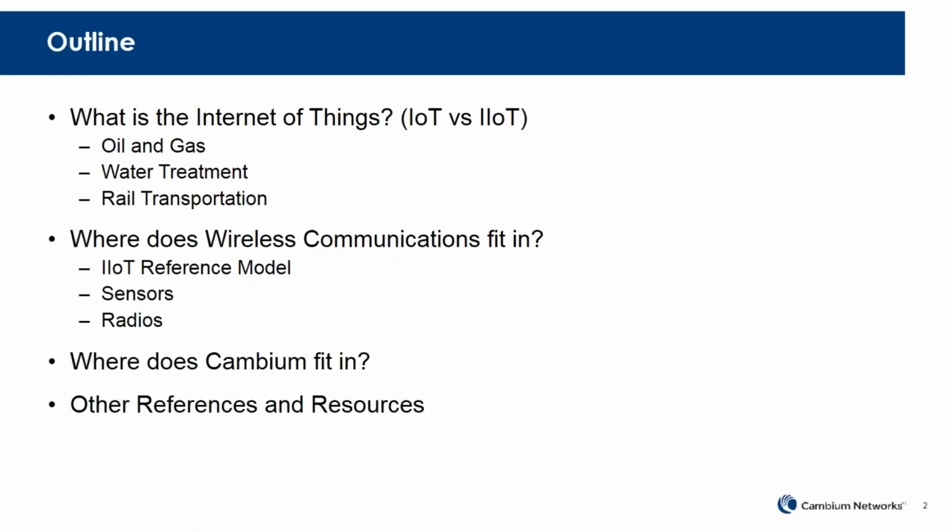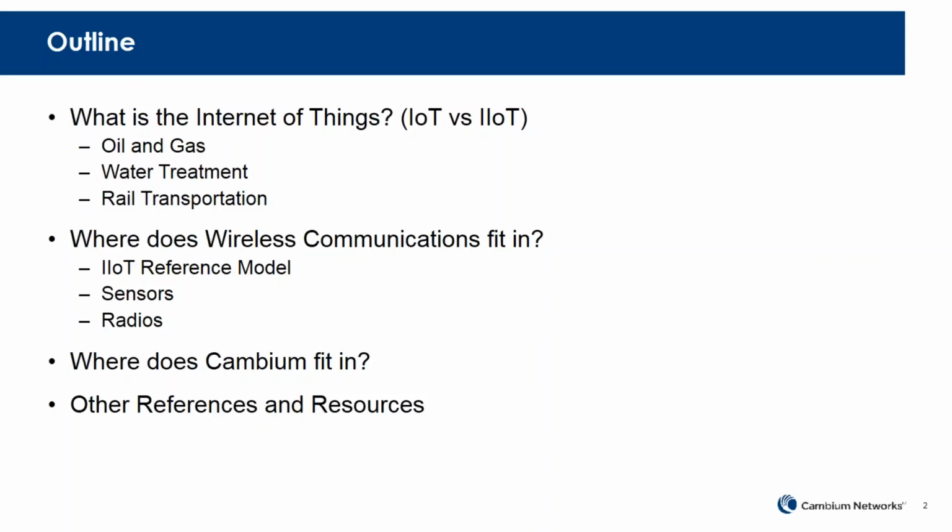So again, the outline of the session today is: what is the Internet of Things? How does IoT compare to IIoT? We'll talk about some examples in various heavy industry: oil and gas, water, and rail. We'll talk about how wireless communications fit in with IIoT.